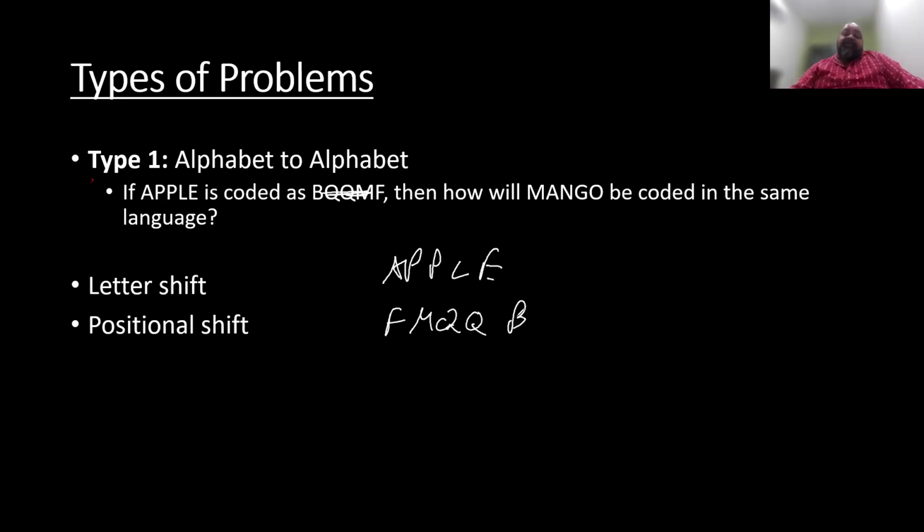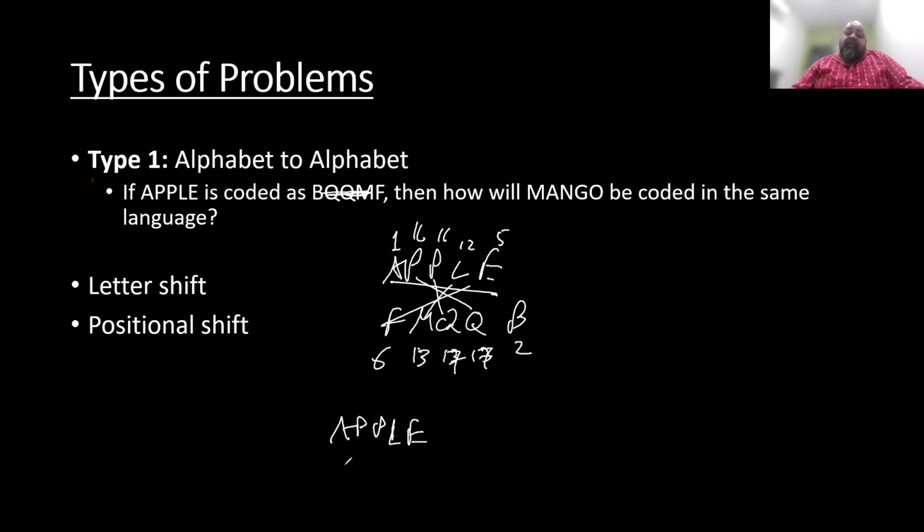Again, if I write the numbers, you will see that there is no direct relation, but there is an inverse relation. So here what has been done is, first APPLE was coded as BQQMF, and then the entire thing was inverted to find the new code as FMQQB.